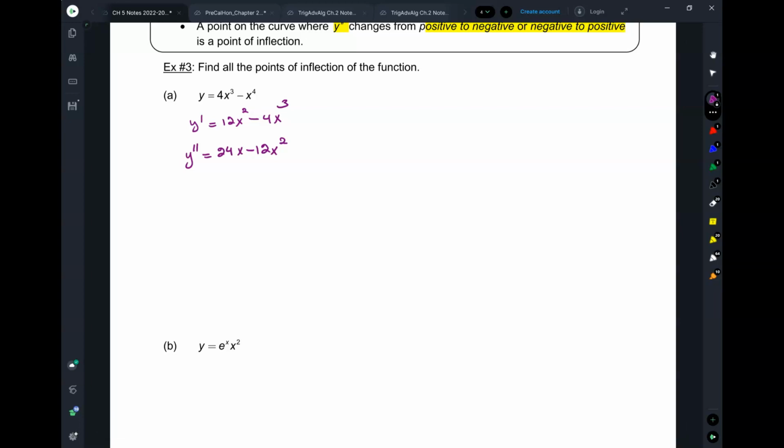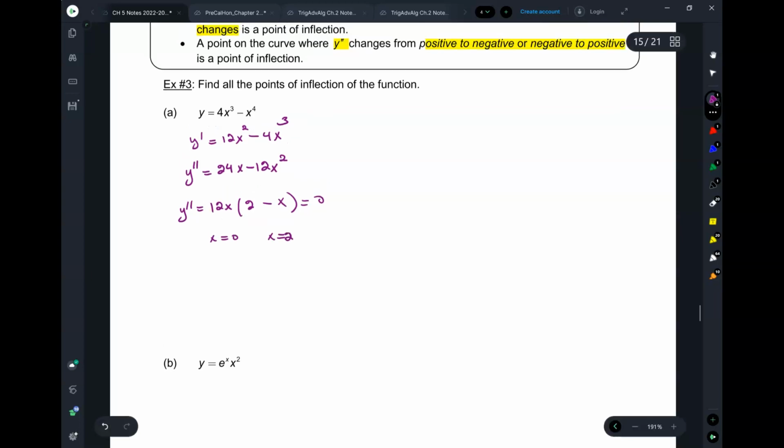What can I do here? Factor out what? And I get 2 minus x. So set it equal to 0. x is 0, x is 2. Okay, go on the number line.